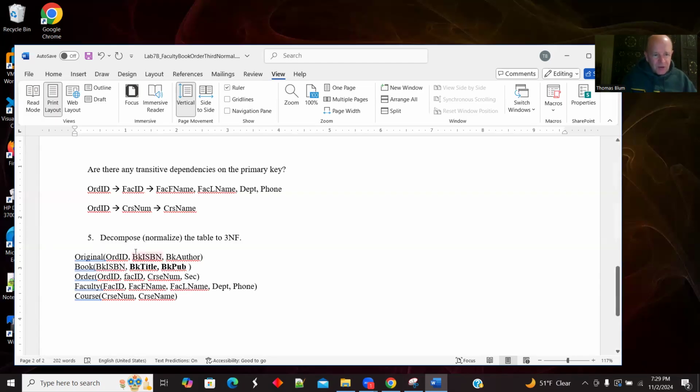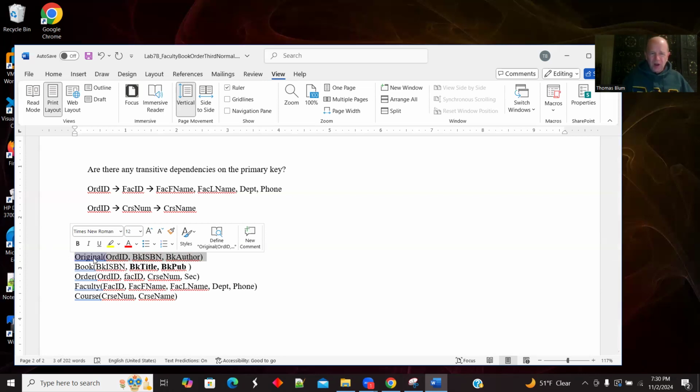First, there's author. I probably want to pull out author as a separate table. What I really want in the end is for this to be sort of two bridge tables. One that the book is in the order, and the other one is that the author writes a book.